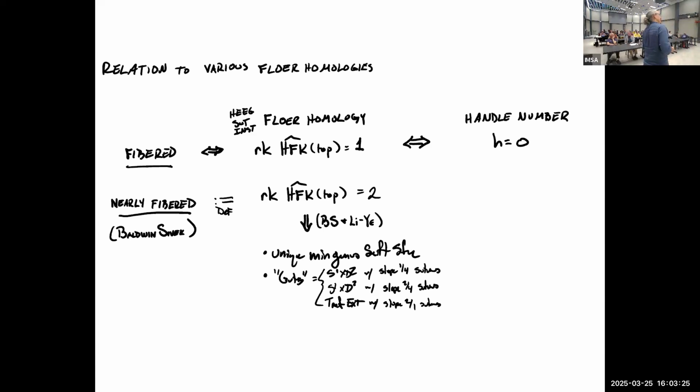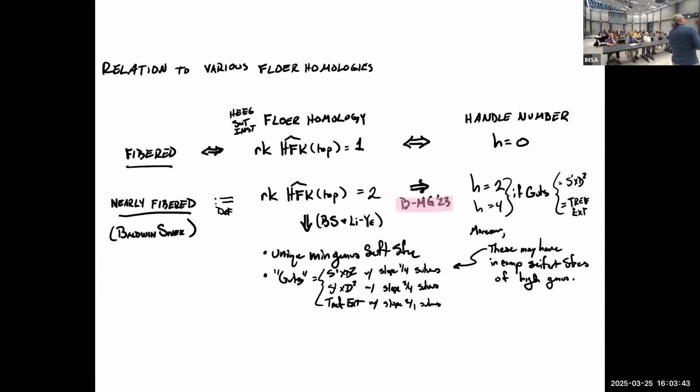Well, building on this, you might want to say, well, what's the next handle number you can reasonably have for a knot? And the handle numbers with things like knots are always going to be even. So you might wonder what happens when the handle number is 2.